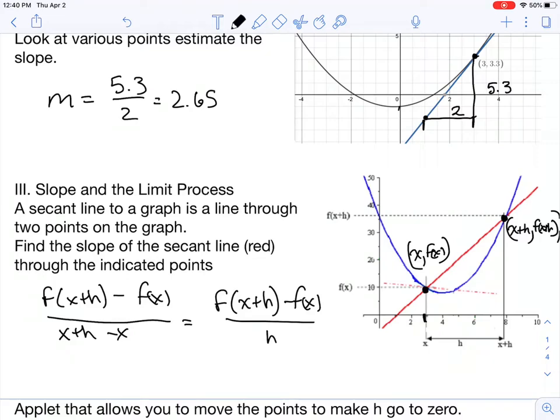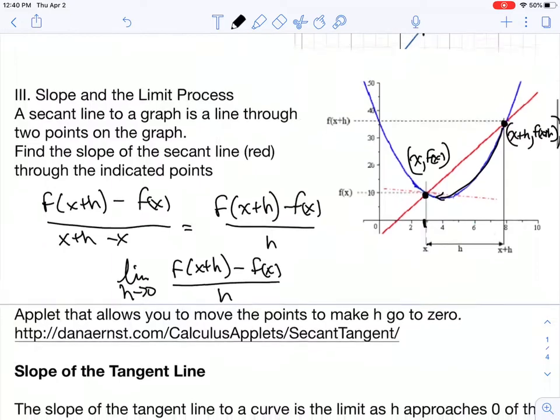All right, now if we bring these 2 points together, that is, we make h become nothing, the difference between the 2 points becomes nothing, then we get the slope of the tangent line. So if we take the limit as h approaches 0 of the difference quotient, we get the slope of the tangent line, which is what we want.